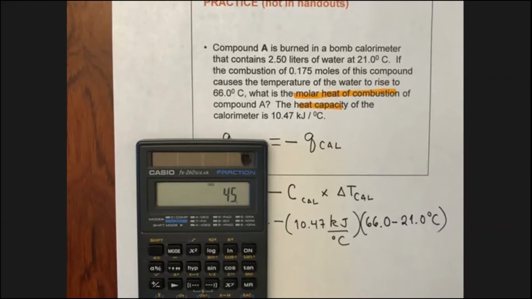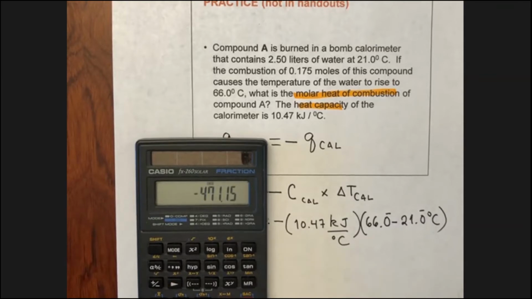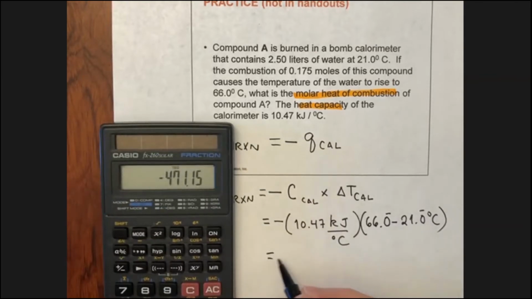Actually, 3 sig figs because remember that we had decimals in here. Just my calculator doesn't respect that at all. Times 10.47 kilojoules per degree Celsius. And there's a negative in there. So to 3 sig figs, this is going to be minus 471 kilojoules.